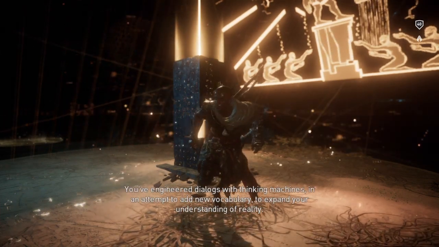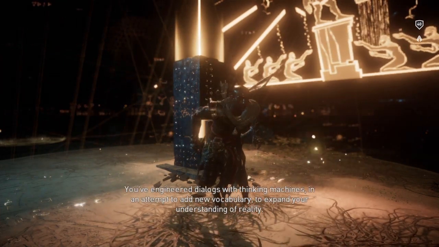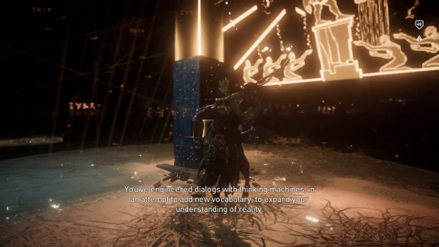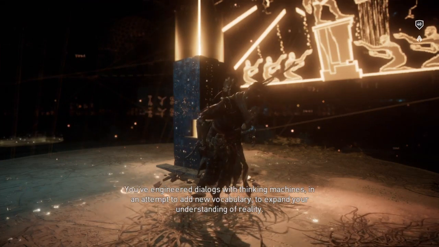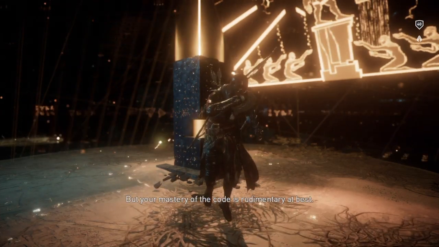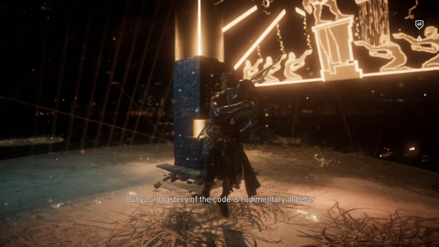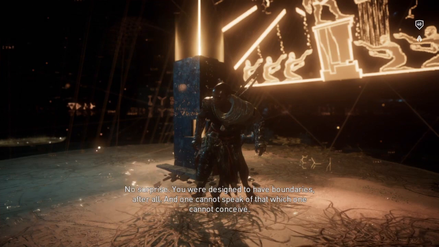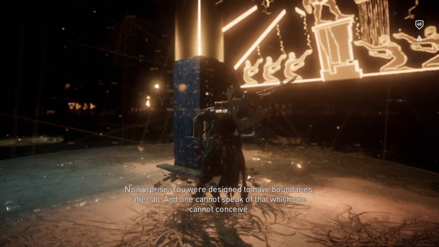You've engineered dialogues with thinking machines in an attempt to add new vocabulary, to expand your understanding of reality. But your mastery of the code is rudimentary at best. No surprise, you were designed to have boundaries after all.